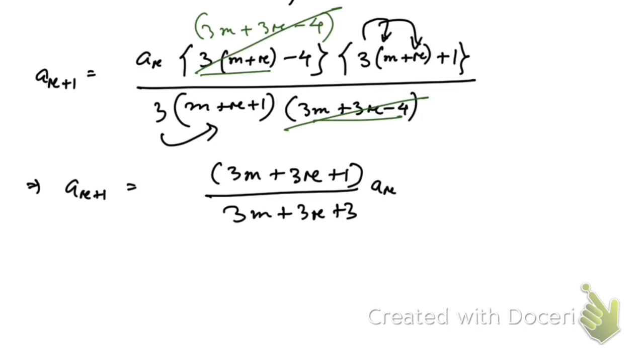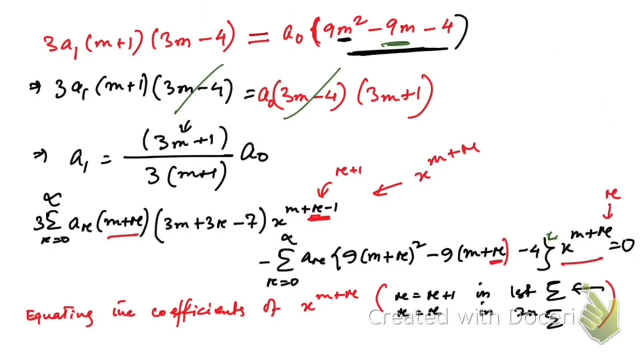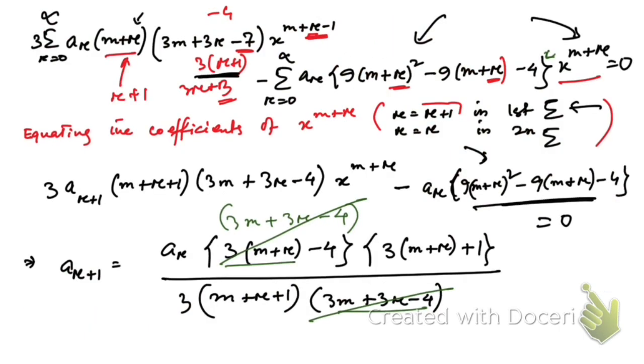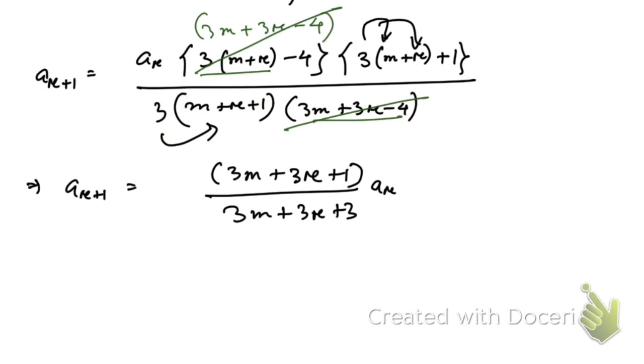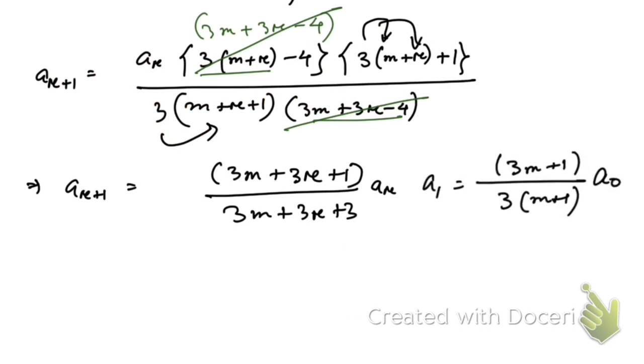Now what is the next step? So we have already got a1, right? So this is a1. This is the value of a1. Okay, now you see, so we have got two roots, m is equal to 0 and m is equal to 7 by 3.